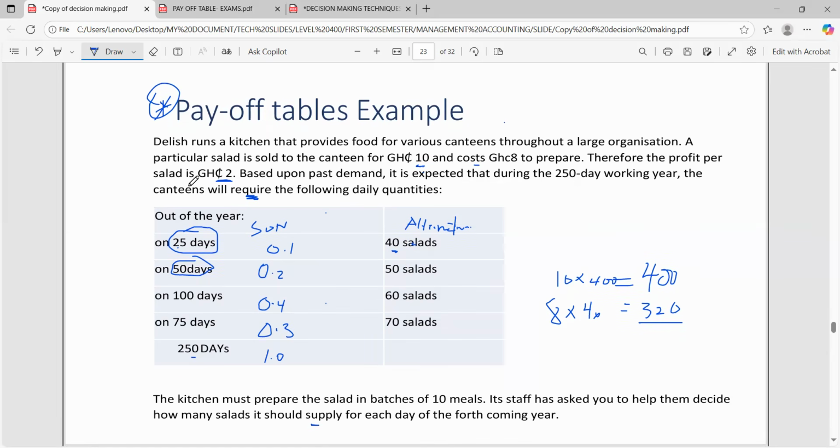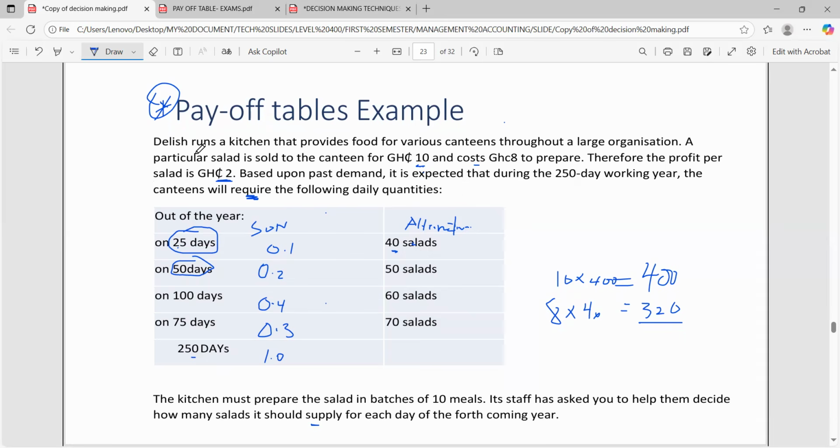Okay, so let's read all together. Delish runs a kitchen that provides food for the various canteens throughout a large organization. A particular salad is sold to the canteen for 10 cedis and costs 8 cedis to prepare. Therefore, the profit per salad is 2 cedis.